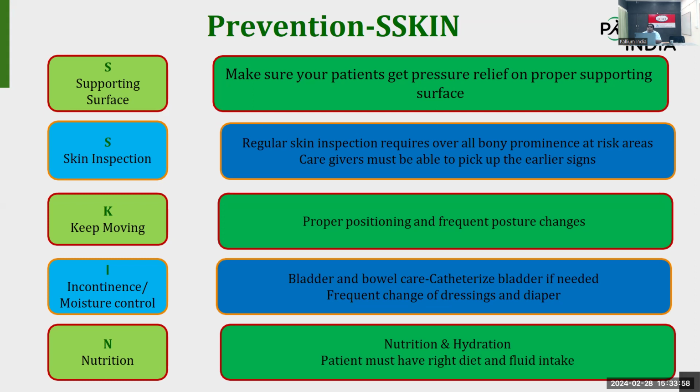You have to monitor and make sure the patient has a proper supporting device or supporting surface, that is, a proper pressure relief technique is used for that person. So make sure your patient gets pressure relief from a proper supporting surface.